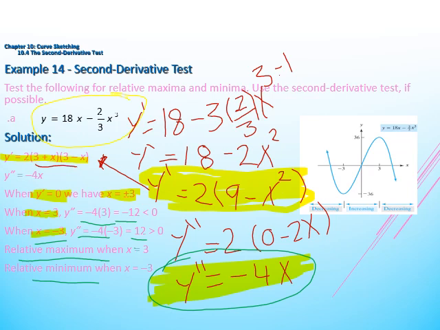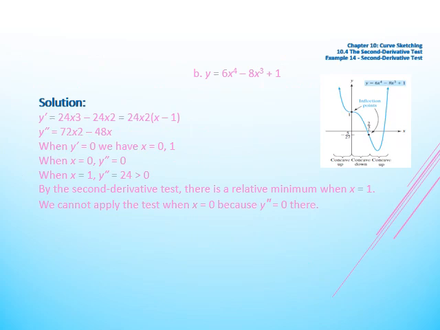Now we can determine from the second derivative test what is the maximum point and the minimum point. Another example, if you have y equal to 6x to the power 4 minus 8x to the power 3 plus 1. Use the second derivative test to determine the relative maximum and relative minimum if they exist.